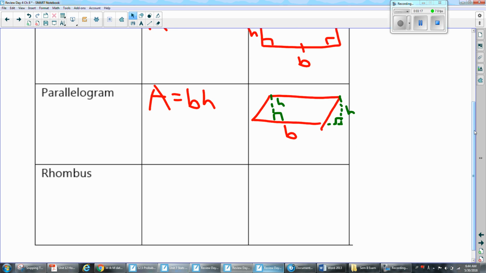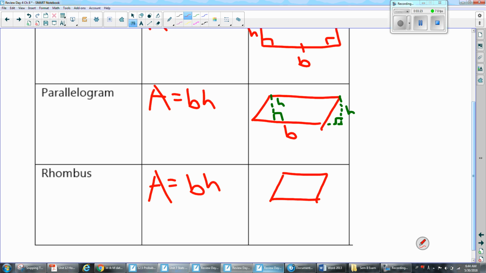Same thing with the rhombus, base times height. Like our slanted square, all 4 of those sides are congruent. This is my base. Again, I could draw that height on the inside, or I could draw that height on the outside as long as it's perpendicular to the base.